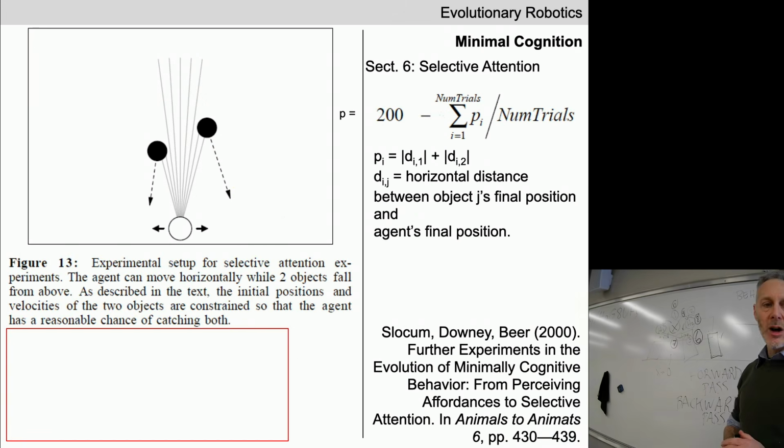Remember that in the minimal cognition lecture, we were looking at sort of the Robo-Olympics, 4 different building blocks, and we were seeing how the investigators embodied or evolved those building blocks of intelligence into very simple robots. I introduced last time the 4th of these events, known as selective attention.